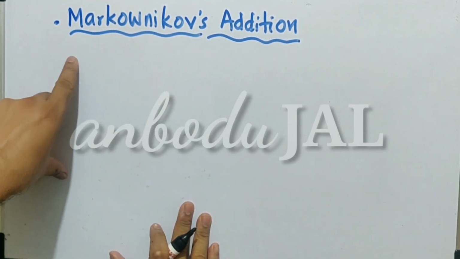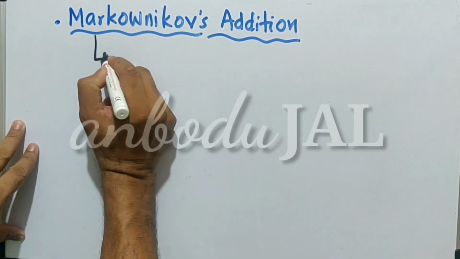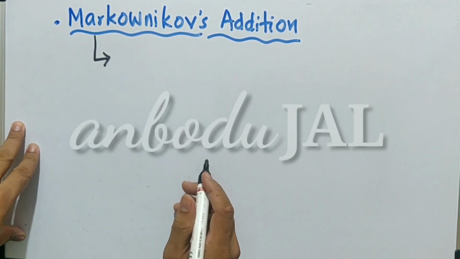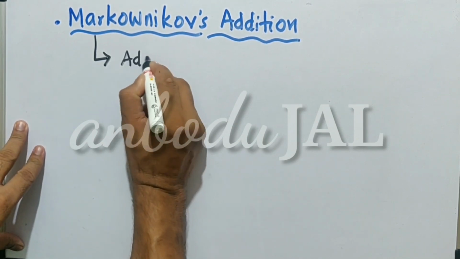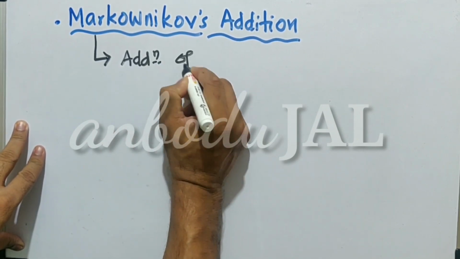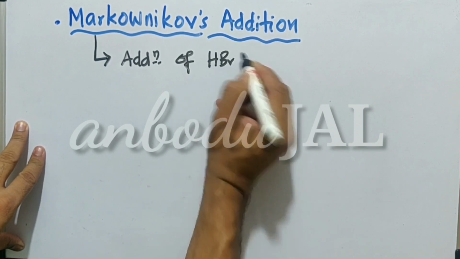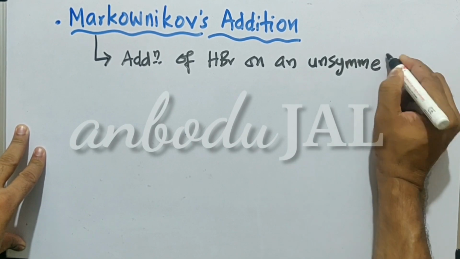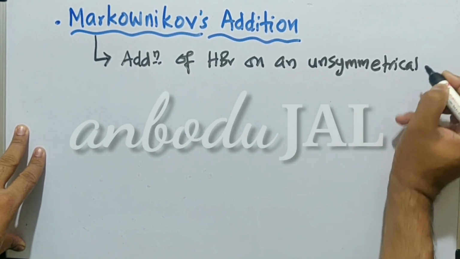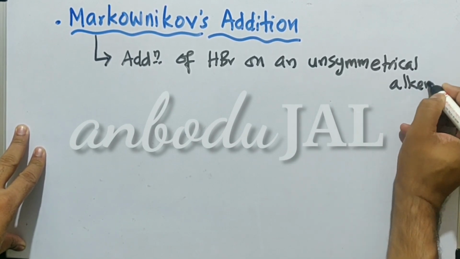Next, Markovnikov's addition, the addition as per Markovnikov's rule. That is the addition of HX, for example HBr, on an unsymmetrical alkene. What is an unsymmetrical alkene?